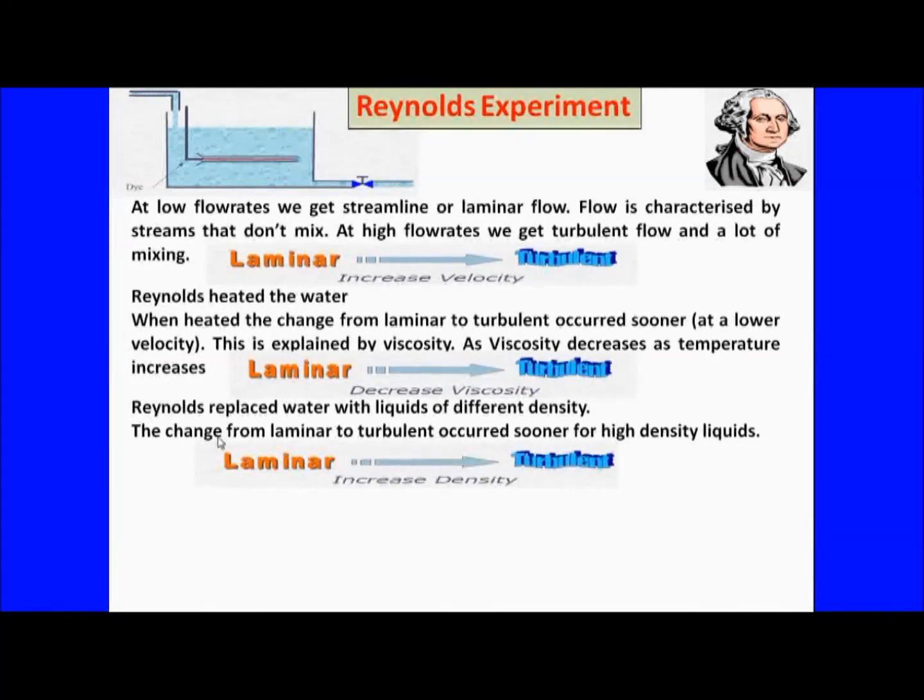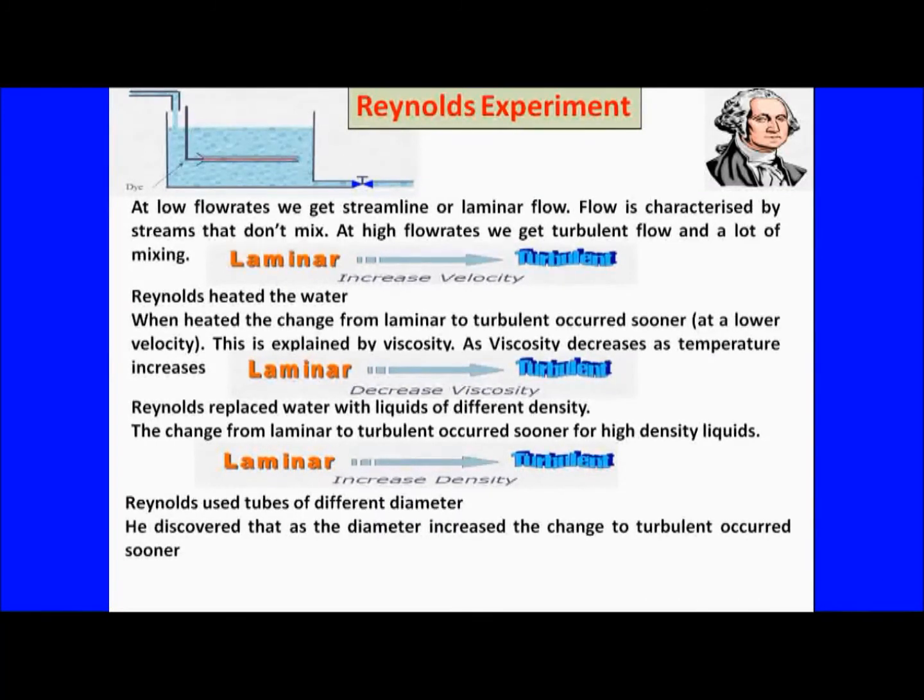The next one: Reynolds used tubes of different diameter, and he observed that if the pipe diameter is increased, the flow immediately gets converted into turbulent. So here you can see in the smaller pipe size you will have a laminar flow, whereas in the bigger pipe size you are having a turbulent flow, right?